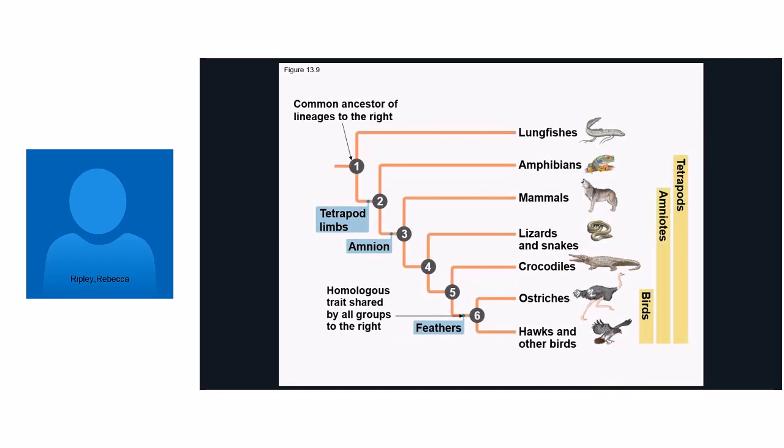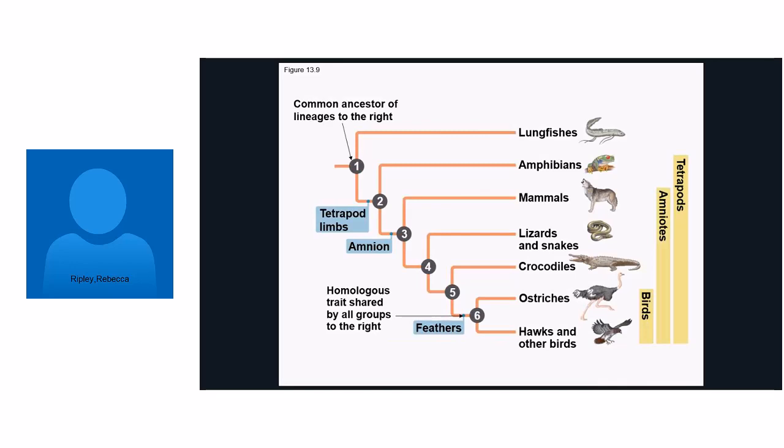Okay, so on page 252 in your text, there's an example of an evolutionary tree. These are all considered four-limbed animals, or tetrapods.